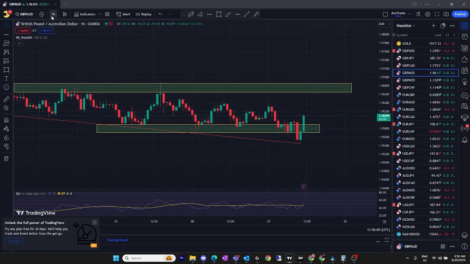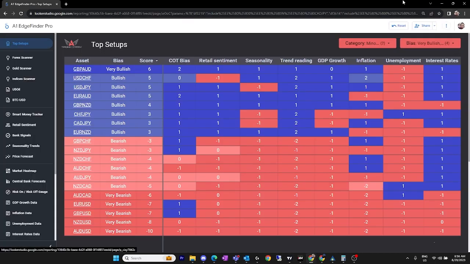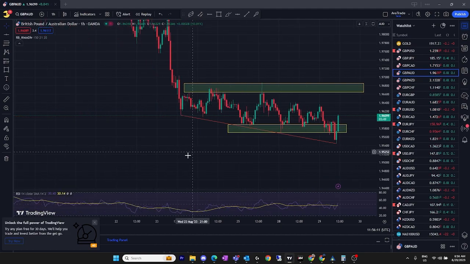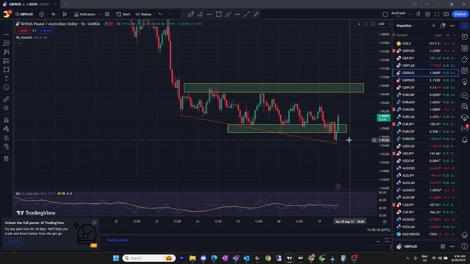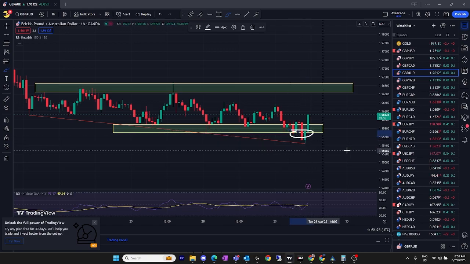Ang problema ko kasi dito, although the bias according to our scanner is very bullish, hindi ko siya mahanapan ng entry dito kasi I would have entered when I was here at the bottom dito sa part na to. I would have entered there, kaso I was too late, so hindi ko na magagawa yun.